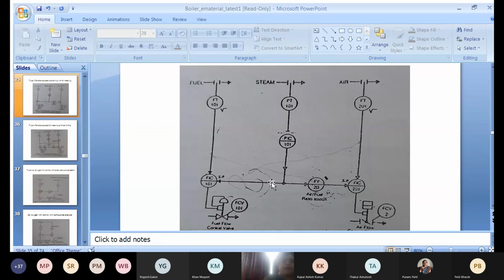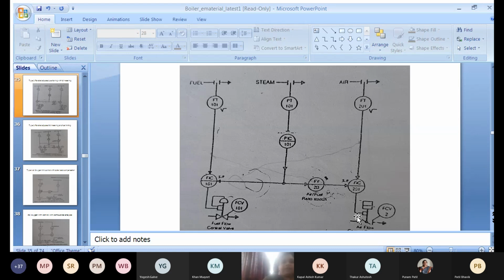Here the name is parallel adjusted. So both the flows are adjusted parallelly with the help of these control valves FCV 101 and FCV 2. FCV 101 is controlling fuel flow and FCV 2 is controlling air flow.